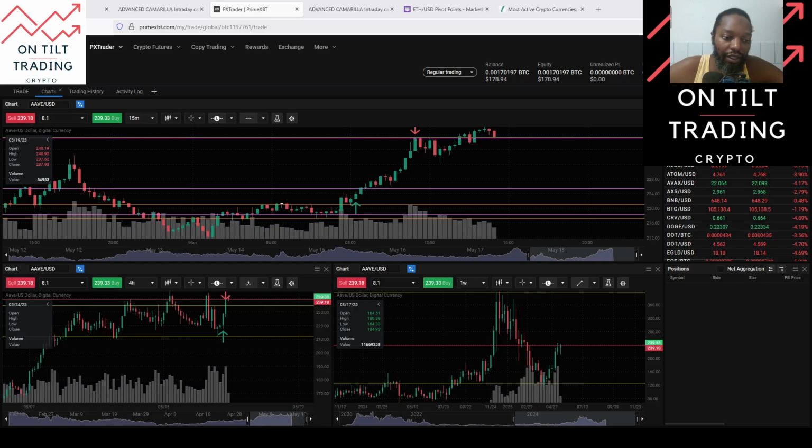Another thing I like to see when trading inside ranges, R3 to S3, is taking the trade at the far end of the range on the 4-hour. So going long, I'd want to be at the lower end of the range on the 4-hour, and going short, I'd want to be at the upper end of the range.